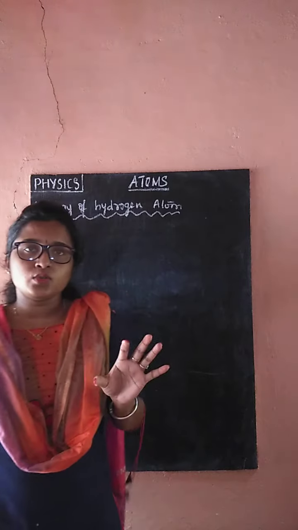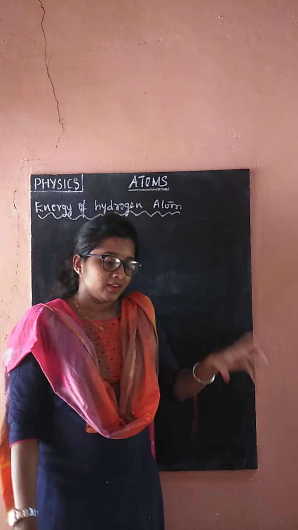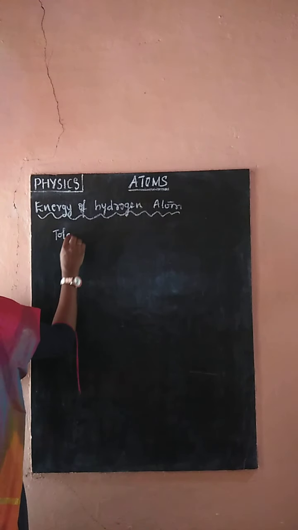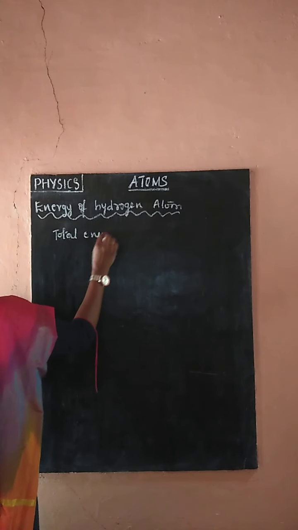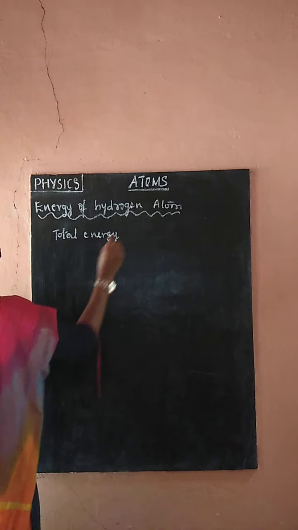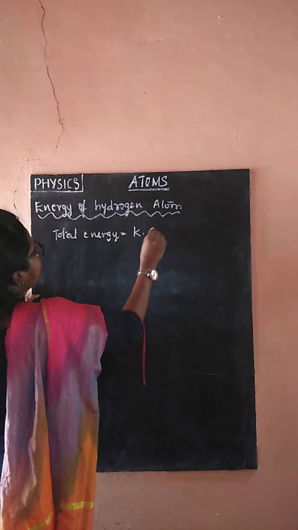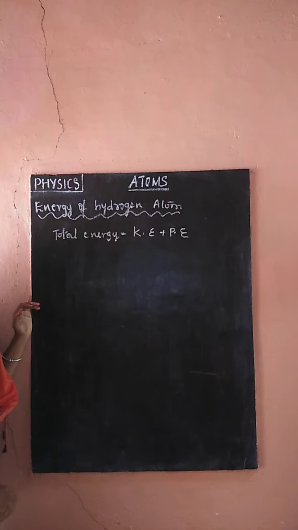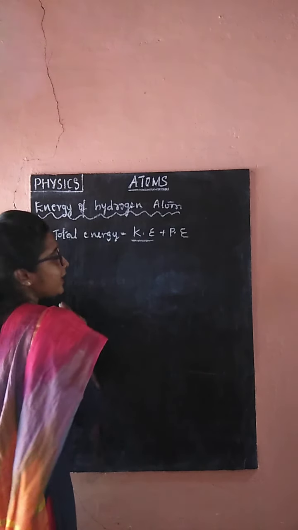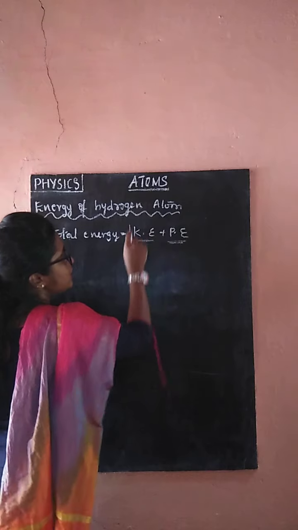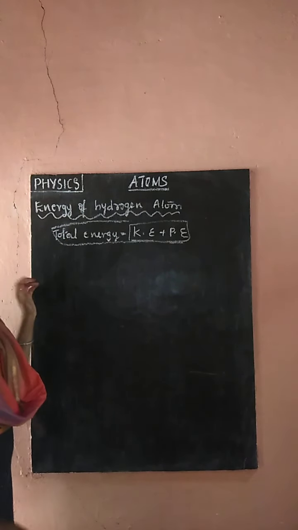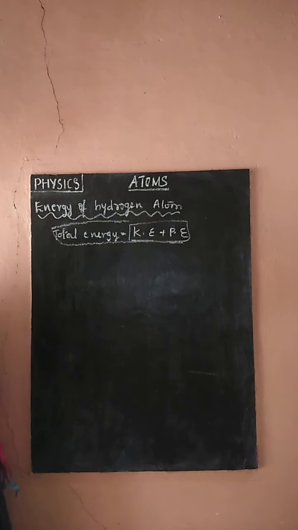Here the total energy of a hydrogen atom is the kinetic energy plus the potential energy of the hydrogen atom. By getting the kinetic energy and the potential energy, we can get the value for the total energy.